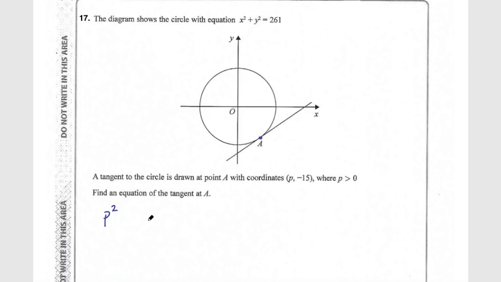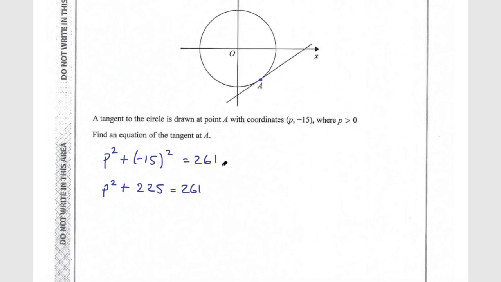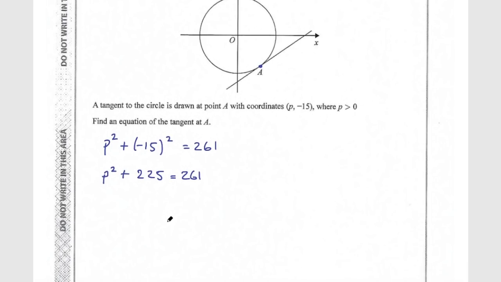So p is x, so put p in where the x is, and then y is minus 15, so that's going to be p squared plus (minus 15) squared equals 261. And then p squared plus 225 equals 261. So the negative 15 squared becomes a positive, and 15 squared is 225.